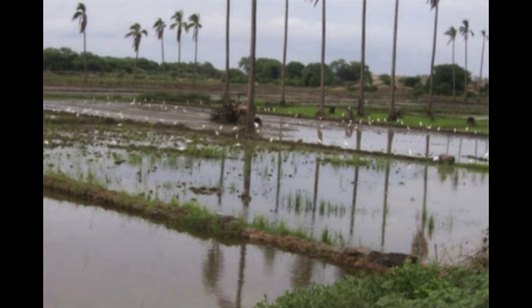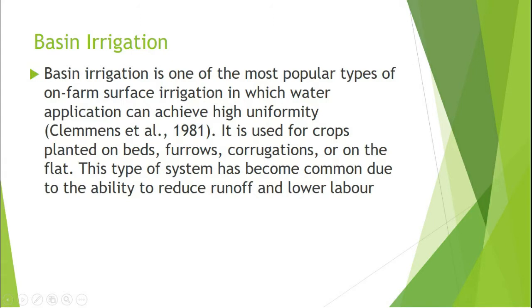Bunds can be constructed on flat and terrace lands. Basins are flat areas of land surrounded by low bunds which prevent the water from flowing to the adjacent fields. Basin irrigation is one of the most popular types of on-farm surface irrigation, in which water application can achieve high uniformity. It is used for crops planted on beds, furrows, corrugations, or on the flat.